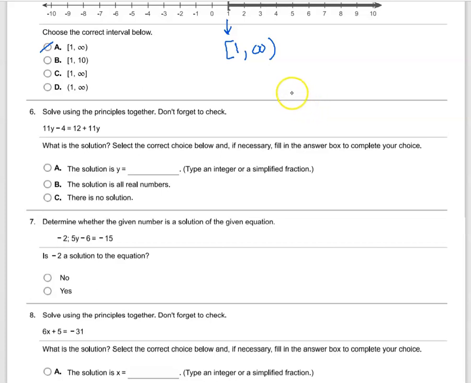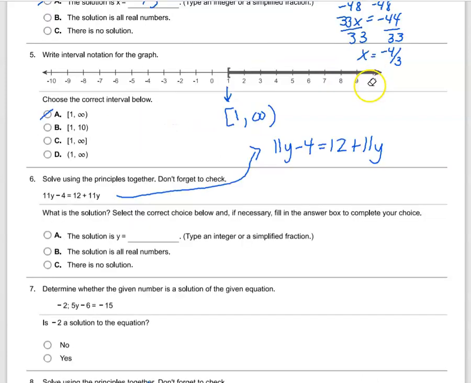Okay, on number 6 it wants us to solve 11y minus 4 is equal to 12 plus 11y. And so we're going to want to subtract 11y on both sides so that we can get the variables on the same side.